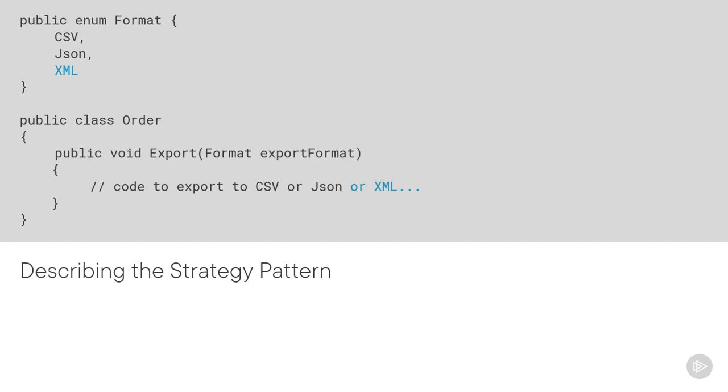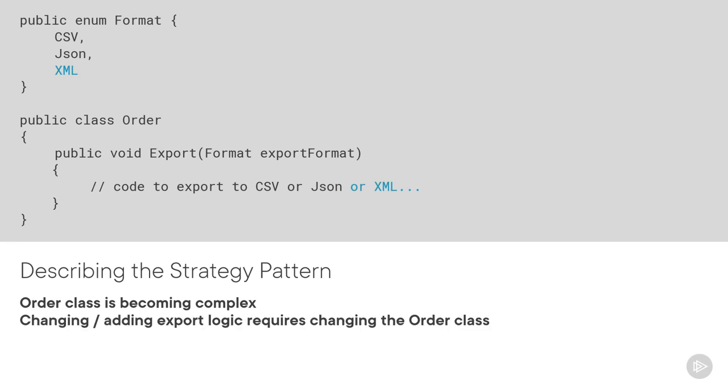But you're already noticing some disadvantages to this approach. The order class is becoming more complex with all this export logic contained in it. Moreover, when you want to change export logic or add new ways to export, you always have to change the order class. This also definitely means that the order class is starting to have too much responsibilities.